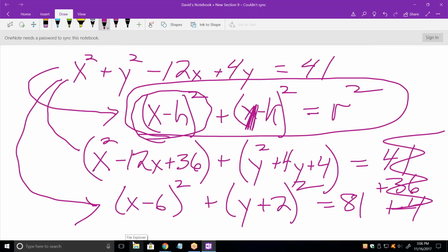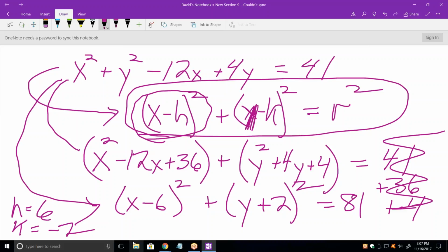What's h? H is negative 6? No, it's just 6. Notice this is x minus h. So when I say what is h, it's only 6. What is k? 2? No, negative 2.